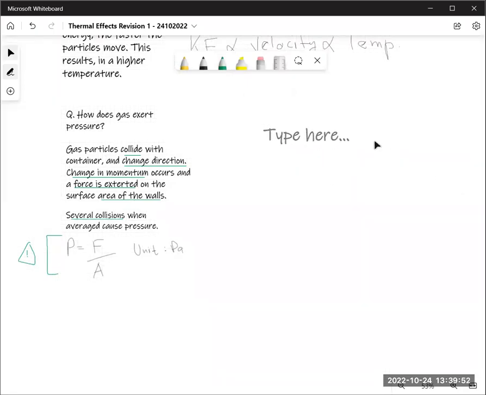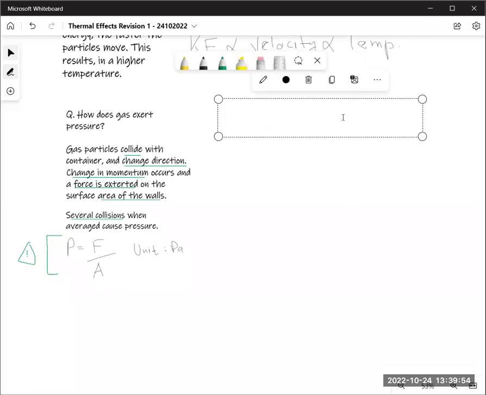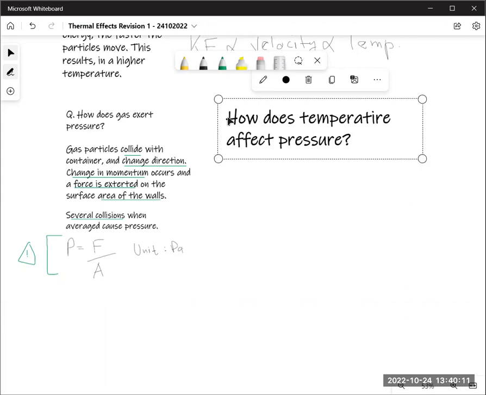We can also answer another question on this. How does temperature affect pressure? Well, we know what causes pressure now, but how does temperature affect pressure?